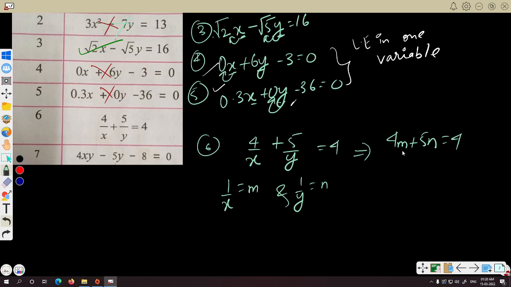Now what I have done is replaced variables x and y with m and n. We can do this. Now look at the coefficients. The coefficient of m and the coefficient of n are not 0. So I can say that this equation is a linear equation in two variables. Now the last equation.